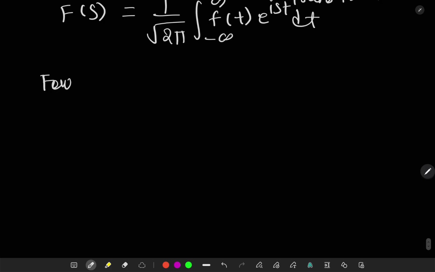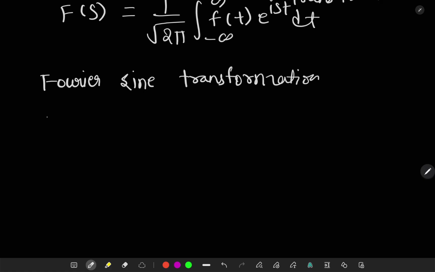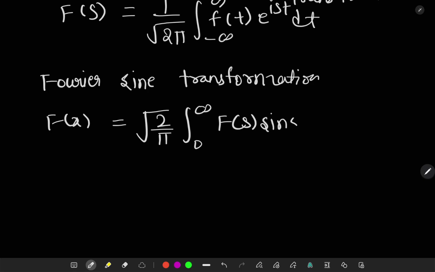Now Fourier sine transformation. f of x equals root 2 by root pi integral 0 to infinity limits f of s sine sx ds. Here this is the inverse Fourier sine transform.